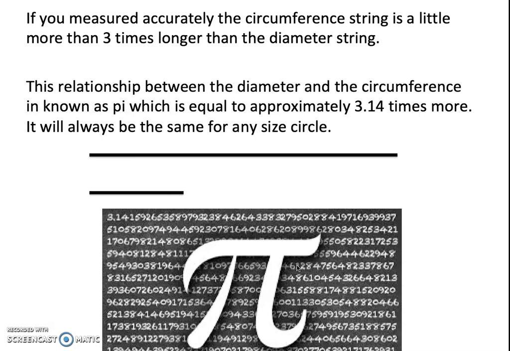It goes on for millions and millions of digits, and it never stops and it never repeats. But we'll use two numbers for pi. One is 3.14, and the other one is a fraction that the ancient Egyptians used, which is 22 over 7.